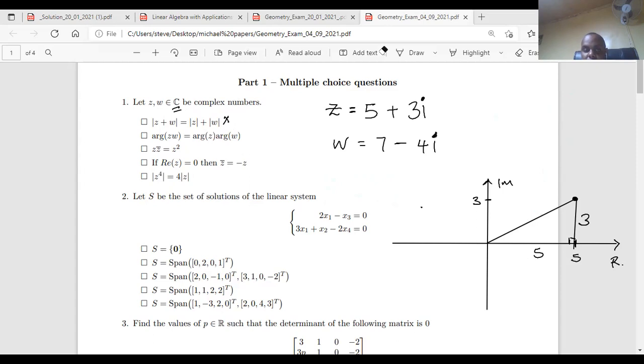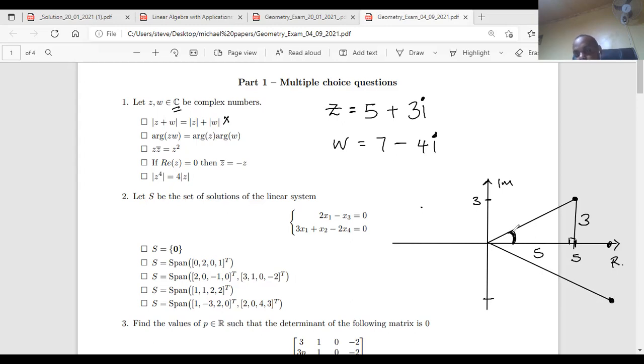And I think we have this W is 7 minus 4i. So it's 7, and then minus 4i. W is there. Now let's find the arguments. For example, let's find the argument of z, this angle, right?